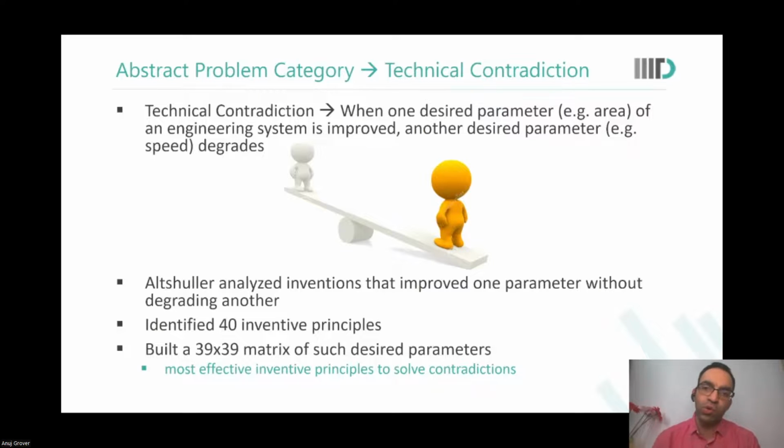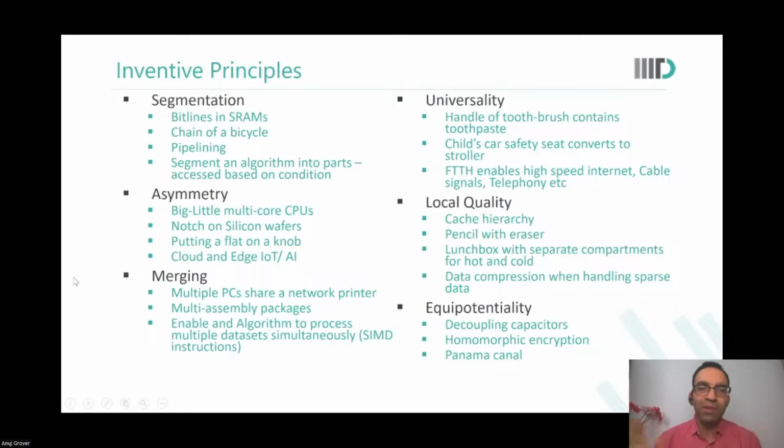So it's a contradiction. How do I handle it? Inventive principles. Sir, one was predicting markets to come up with new technology. That was another tool, the theory of trends of engineering system evolution. You are missing the thing in a big way.